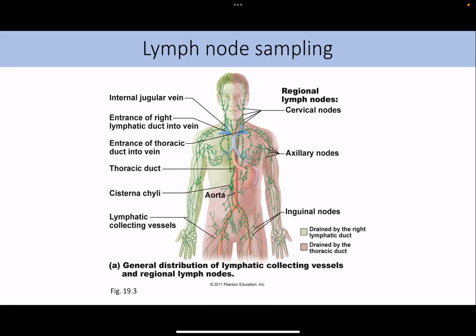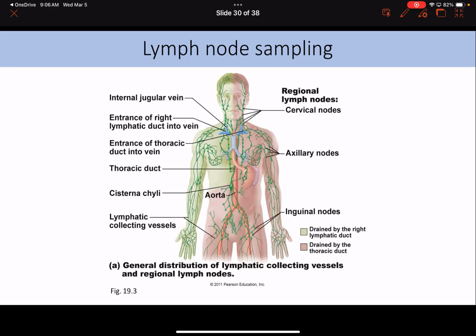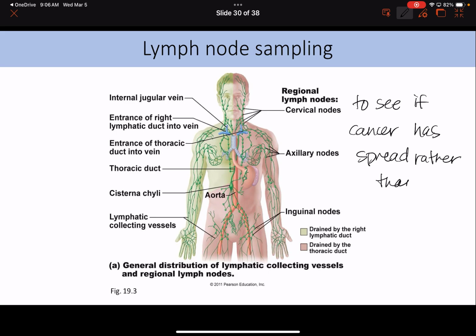All right, so lymph node sampling. Why we may do a lymph node sampling is to see if cancer has spread, rather than taking a tissue biopsy.